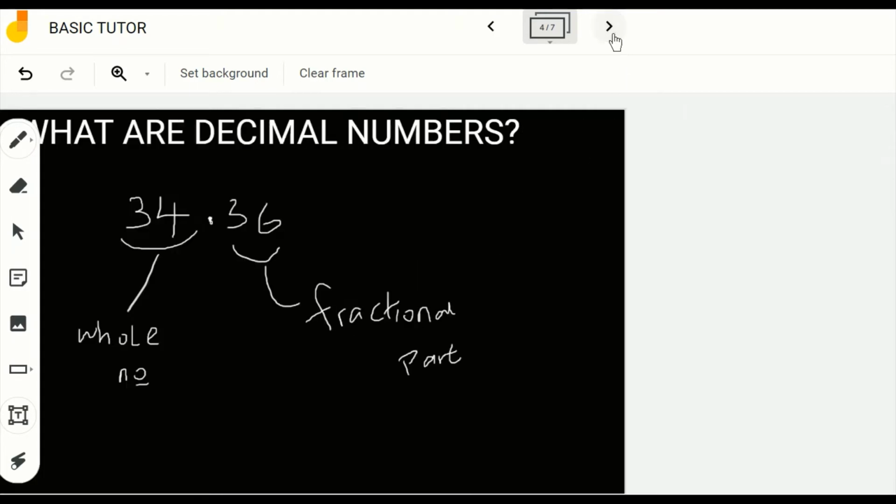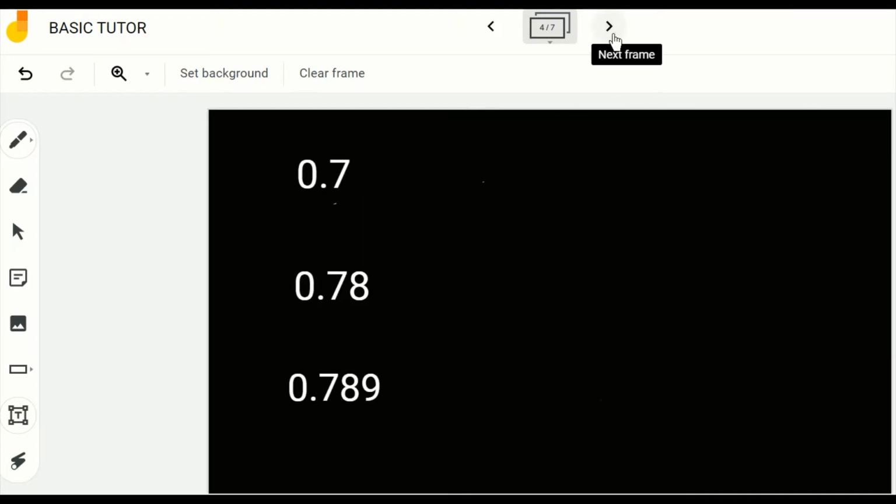All right, so let's explain what we mean by decimal place. Now, if a decimal number has just one digit after the decimal point, it is called a one decimal place. If it has two digits after the decimal point, it is called two decimal place.